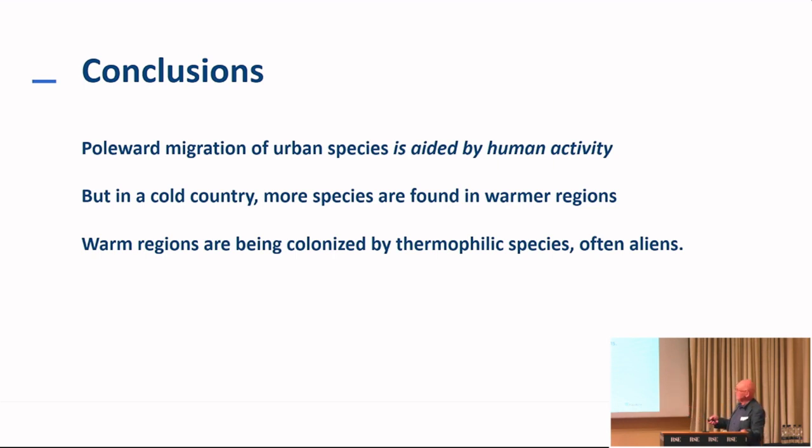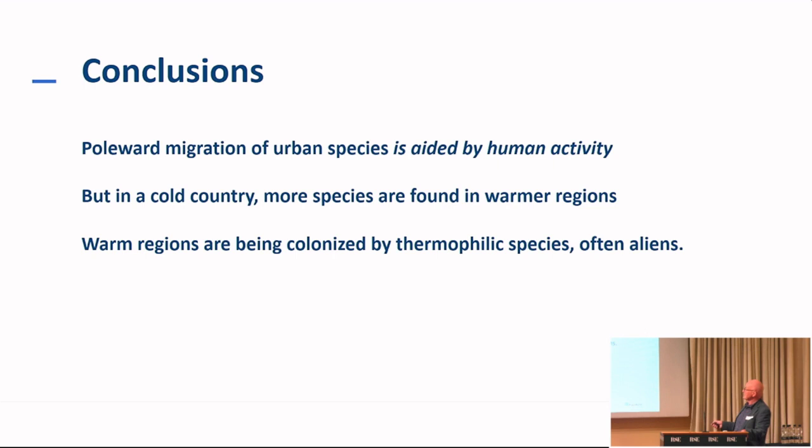In a cold country like we are, it's pretty inevitable that we'll get more species coming in from warmer regions, and particularly we think of Europe, but we also must think of garden centres that are providing species that are alien here but find a home in the Mediterranean or the south of Europe. And warm regions are being colonised by, we can call them thermophilic species, and these are often aliens.